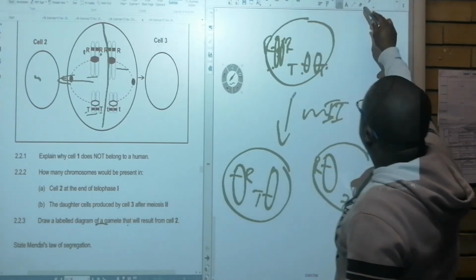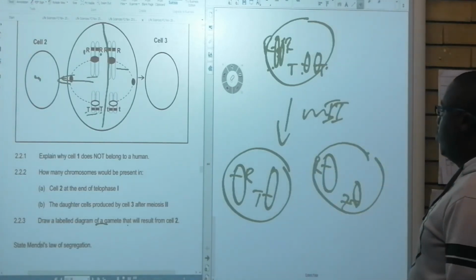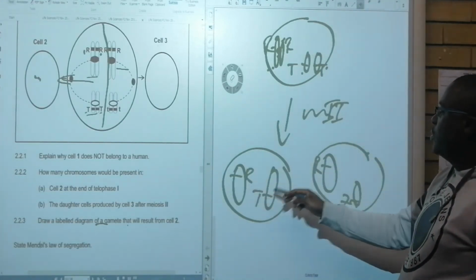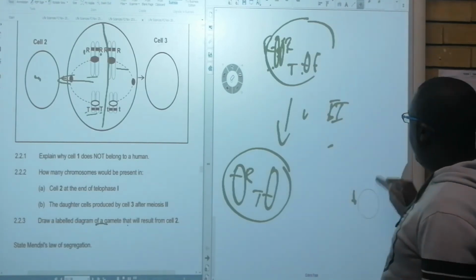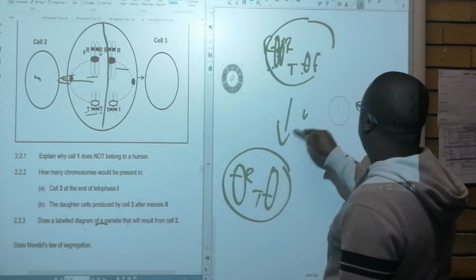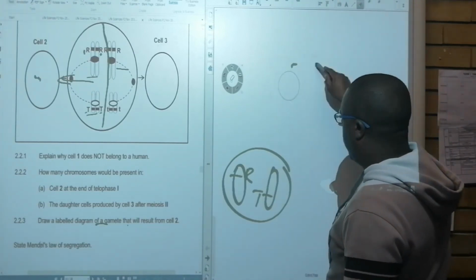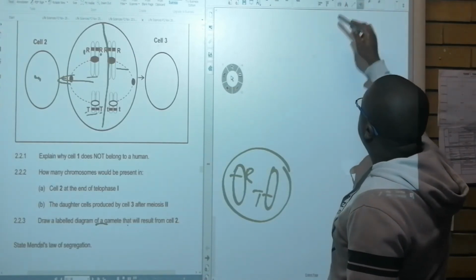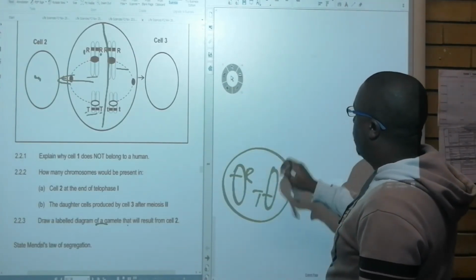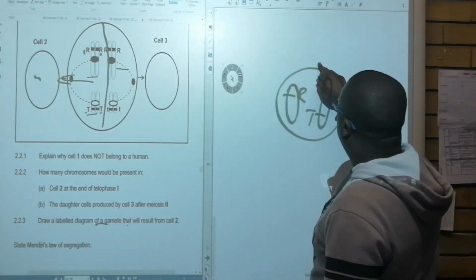So we drew 2, but can you see that the 2 are the same? So they only want 1. So we give them the one that they want. That is the one.